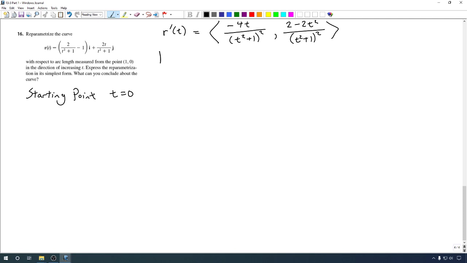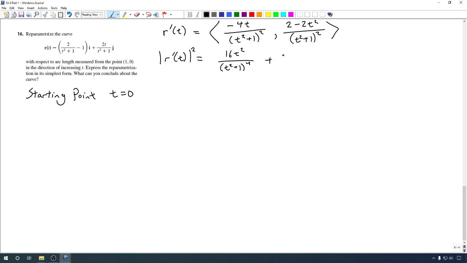We then need the magnitude of r prime. I'm going to put a square here so I don't have to worry about the square root for the moment. That'll just save me a little bit of writing. But I need to square this. So we have 16t squared over (t squared plus 1) to the 4th power.